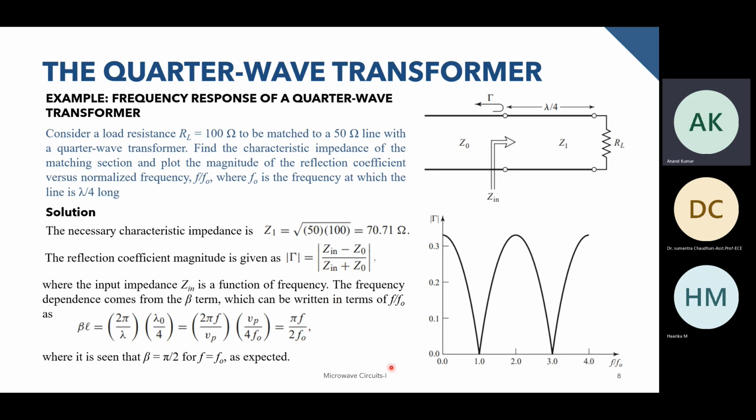We plotted the graph and saw that the reflection coefficient becomes equal to 0 for f by f0 equal to 1 and f by f0 equal to 3, and so on. So perfect matching is achieved only at the particular frequency for which the argument of the tan term comes out to be pi by 2.